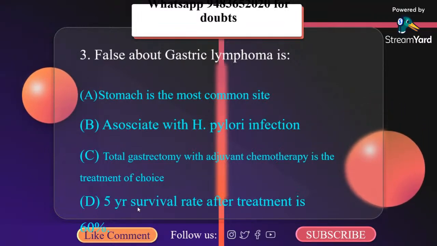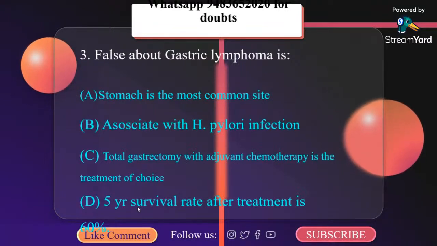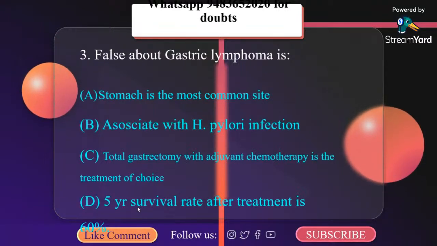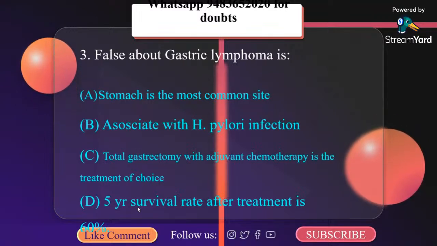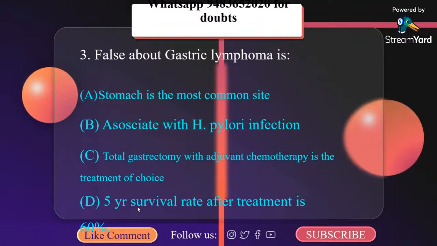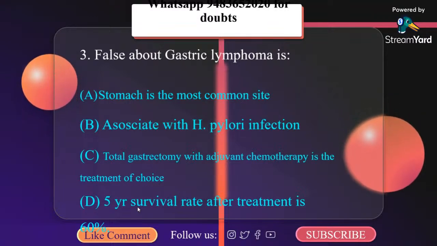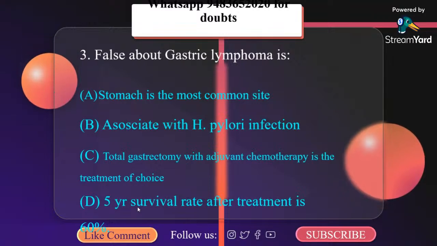Most of the primary lymphomas arise in MALT, that is, mucosa associated lymphoid tissue. MALT is usually associated with chronic H. pylori infection. So, low grade MALT lymphomas are thought to arise because of chronic H. pylori infection.